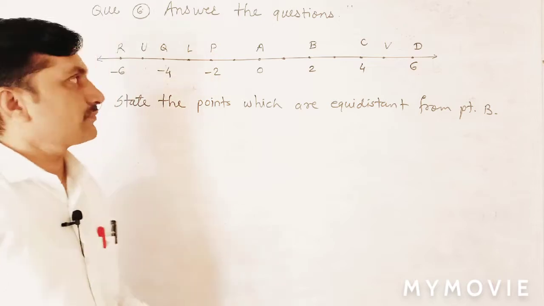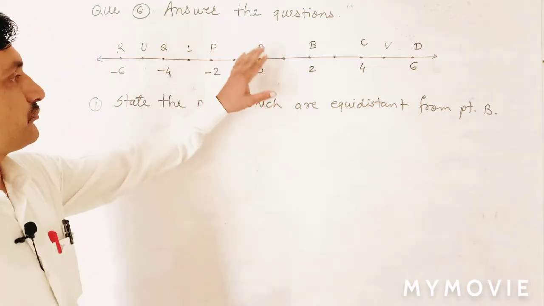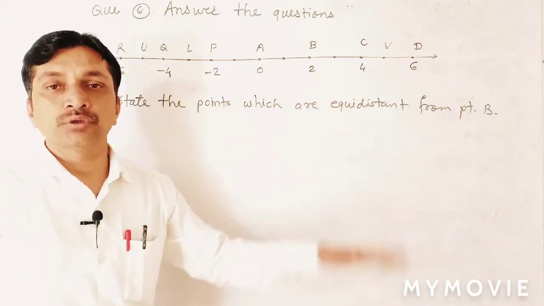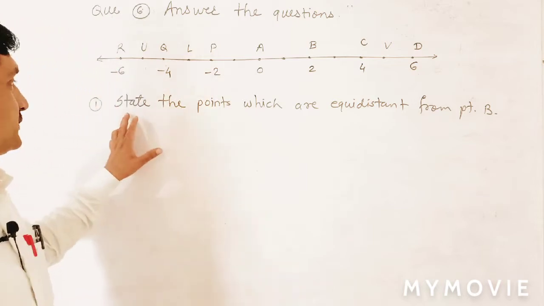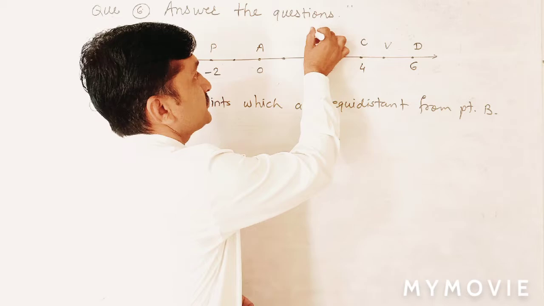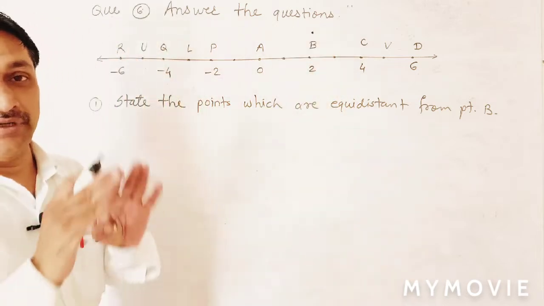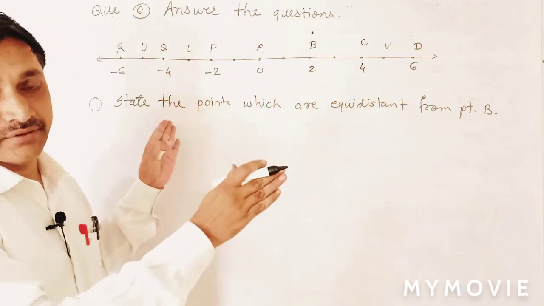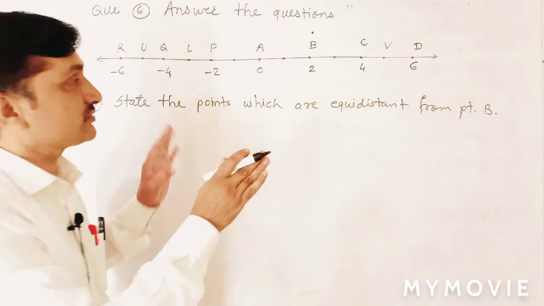Number 6. Again one number line is given, and with the help of this number line we have to answer some questions. First, state the points which are equidistant from point B. Point B is here, and equidistant means on the right side and left side at the same distance.